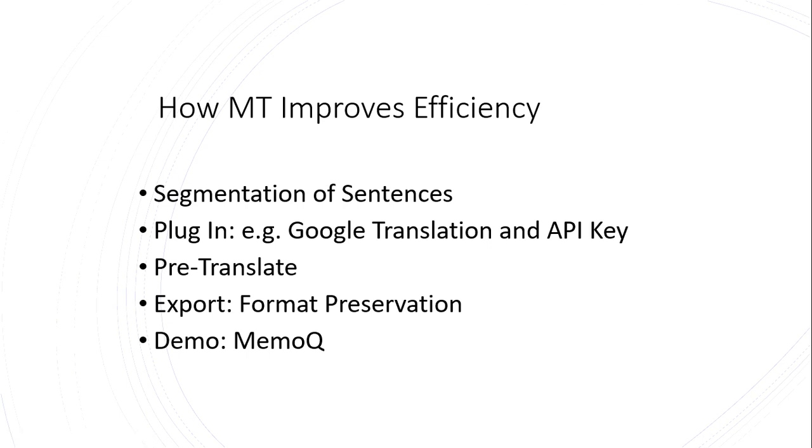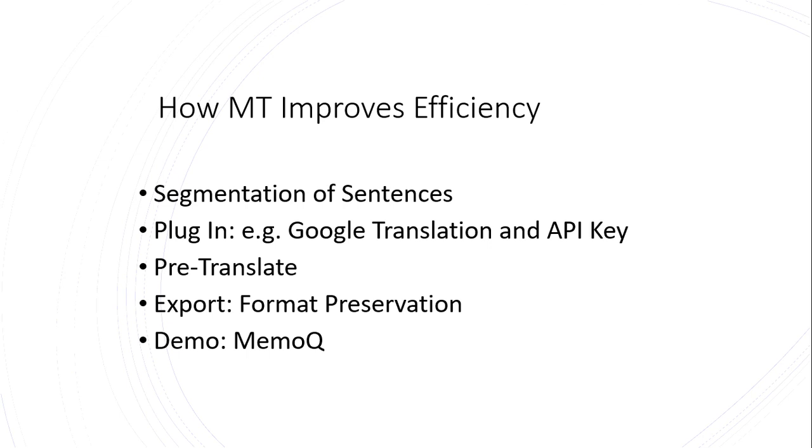And now I just want to move on to something more specific on how machine translation software improve efficiency. So the first thing I find attractive is they help me to segment the sentences.